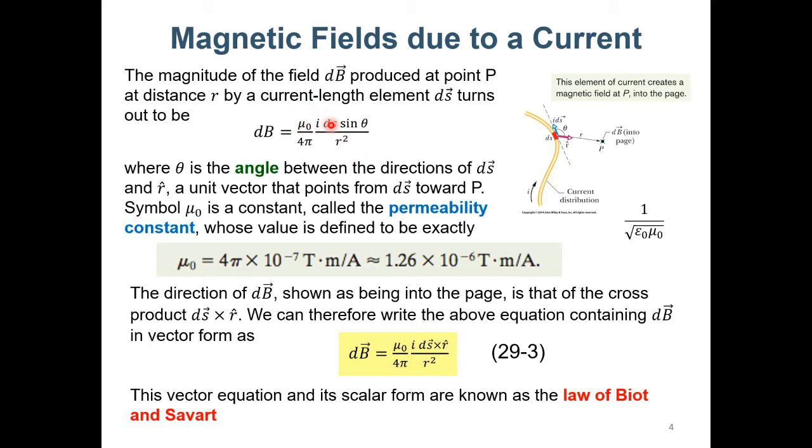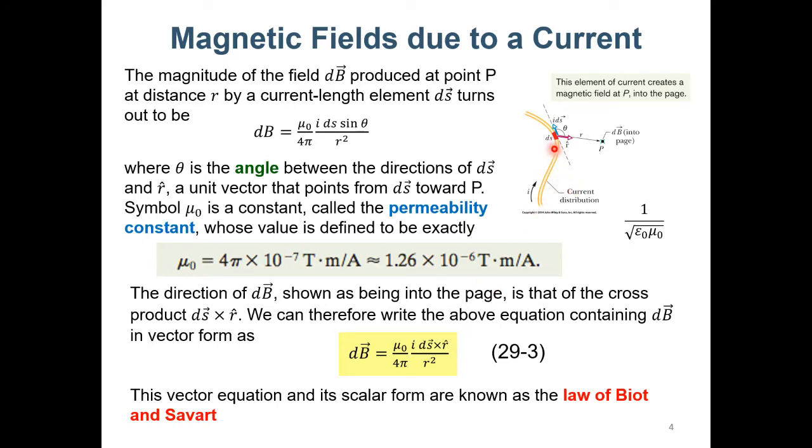I is not necessarily a vector, but there's a direction. ds is a vector. The magnitude is the length, and the direction of ds is the tangent line at this point. Suppose this is a curvy wire, then ds will not point in the same direction at all. The direction will change according to which point it is at.